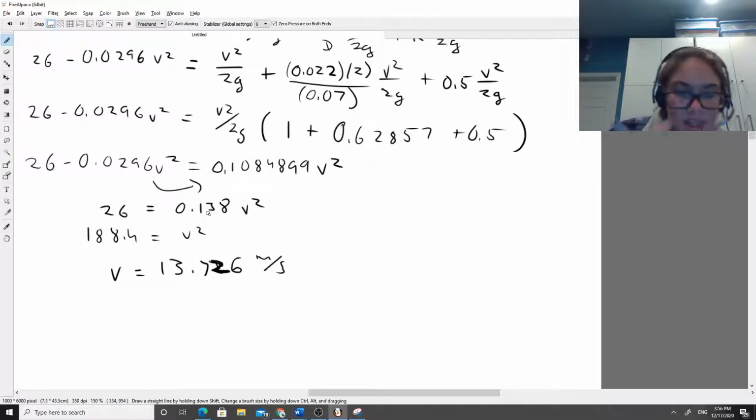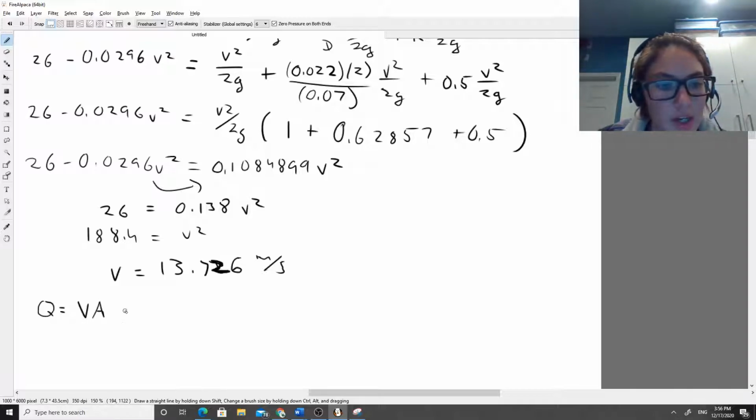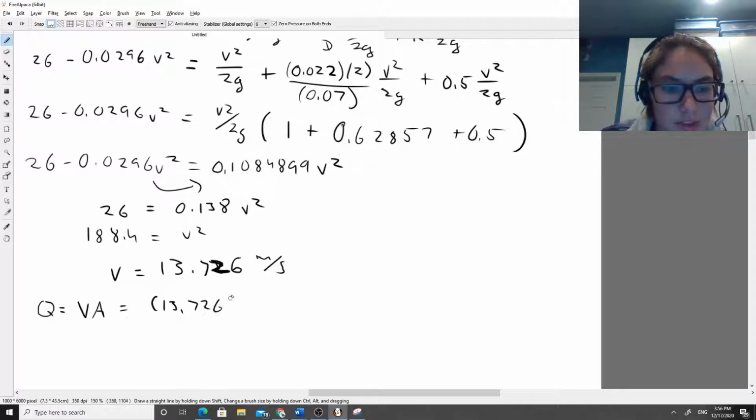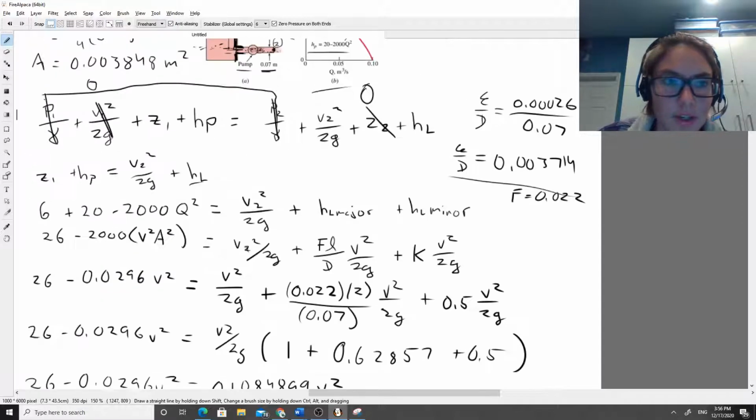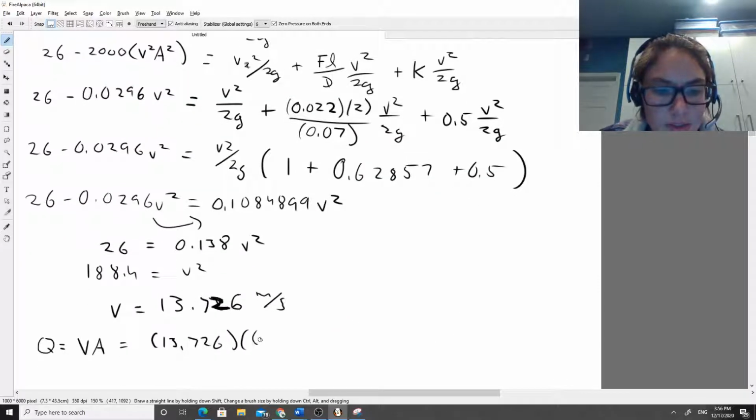So now that that's the velocity, and we've solved for that, we can now fairly easily solve for our volumetric flow rate, which again is just equal to the velocity of the system times the area of the pipe. So we'll go ahead and plug those numbers in. That's going to be 13.726 times our area, which we already solved for, which is up here, 0.003848.